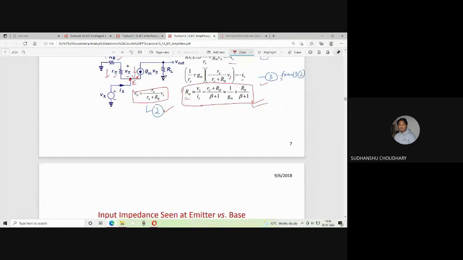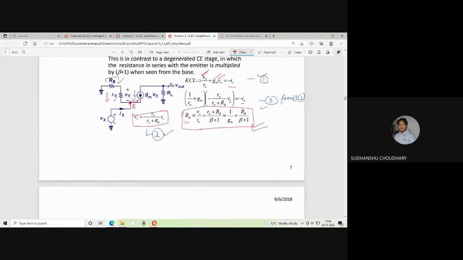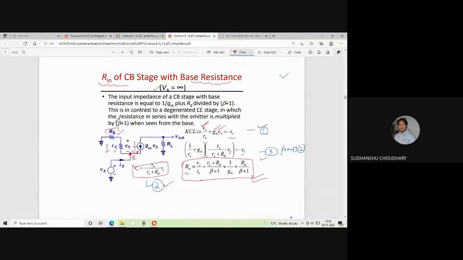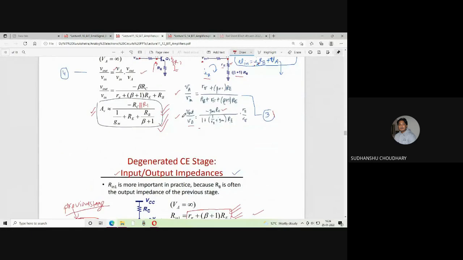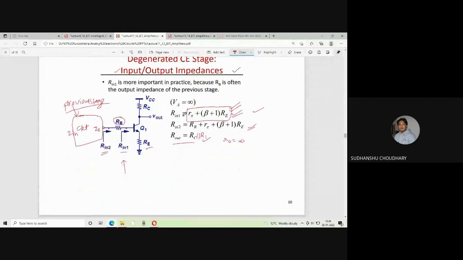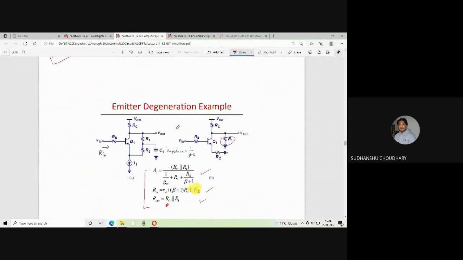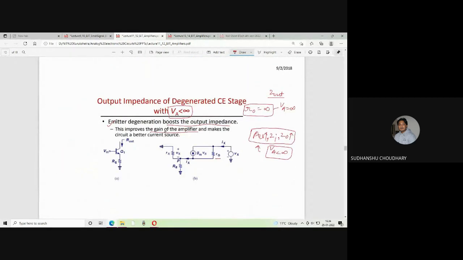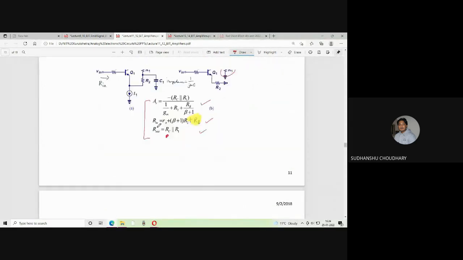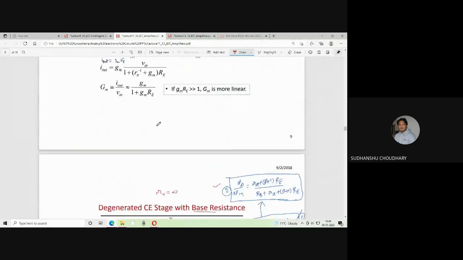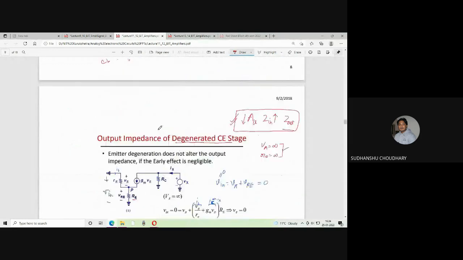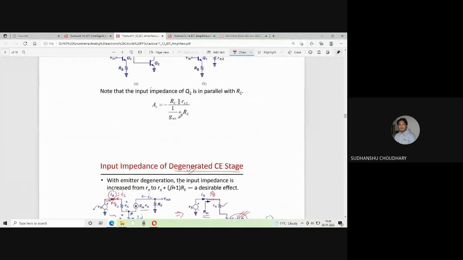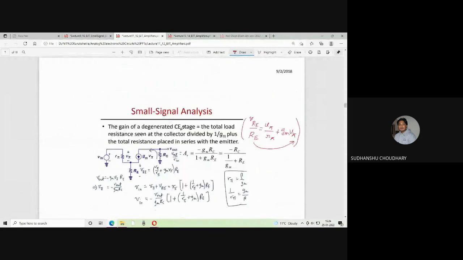So let us go back and check the impedance while looking into the emitter of the common emitter stage. We had calculated it some time back. Let us see where it is.